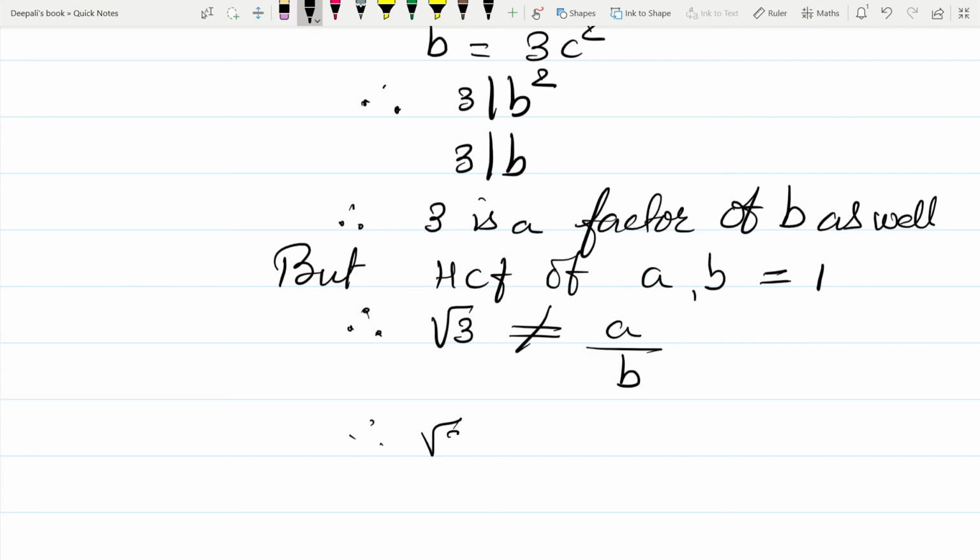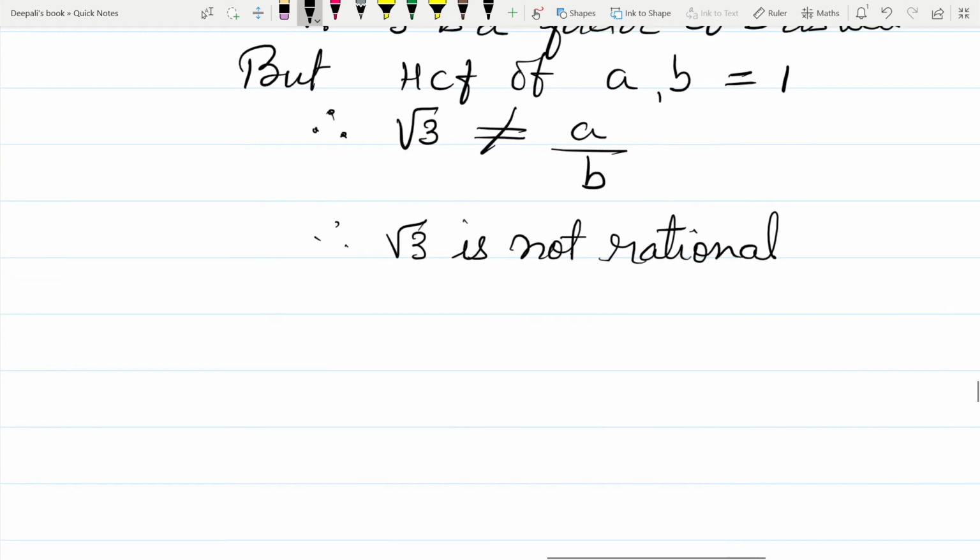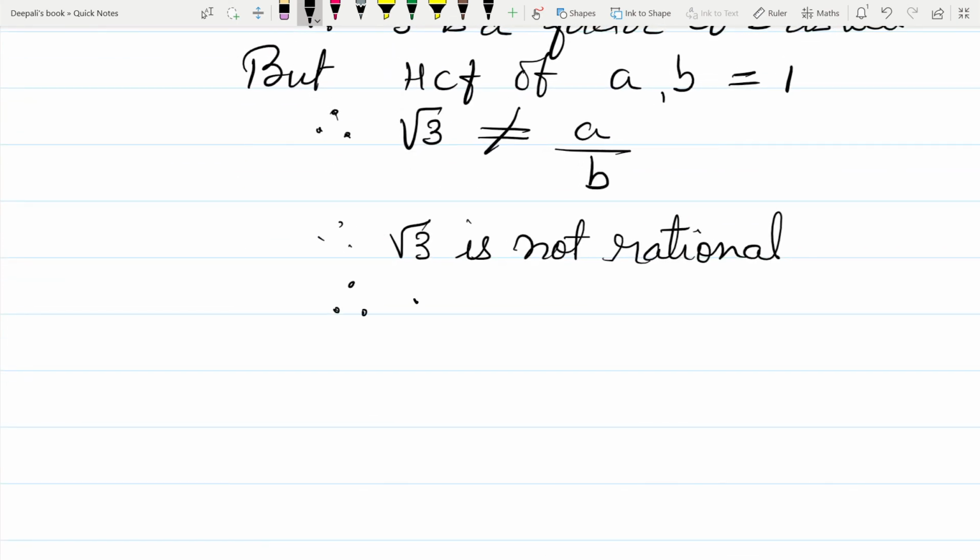Therefore, root 3 is not rational. Therefore, root 3 is irrational.